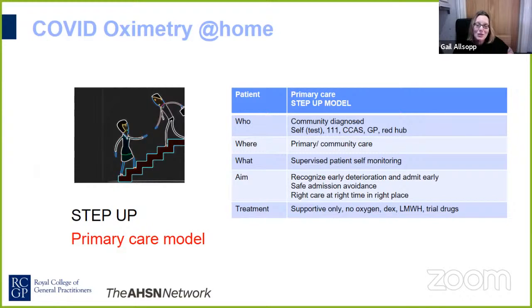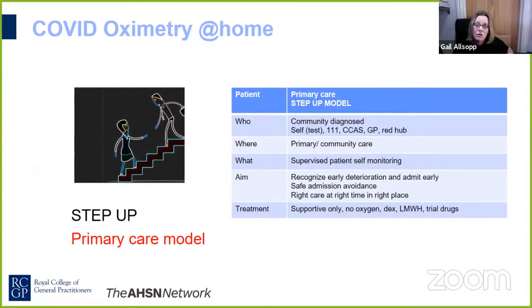Now, the aim of this is to recognise patients who are at risk of early deterioration, to try and prevent that deterioration and admit them early, as Maureen said, to save lives. But it also will help us do safe admission avoidance. We don't want to be sitting in primary care worried about every single patient or sending every single patient on to A&E for assessment.